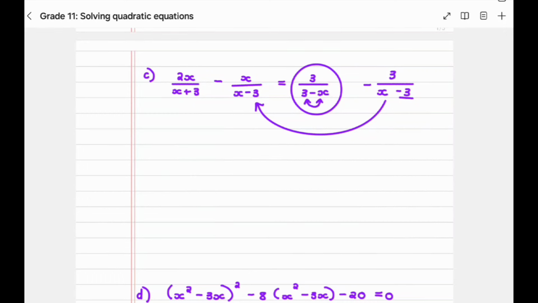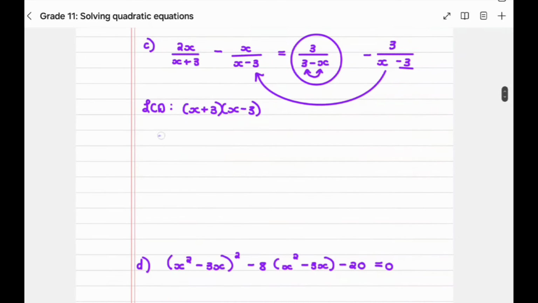Okay, so our LCD that we're going to take out is going to be x plus 3 and x minus 3. And only with equations, as soon as we have our LCD the same, we can drop it like it's hot. Okay, so the 2x, what did that need? It went from x plus 3 to x plus 3, x minus 3, so it needs an x minus 3.